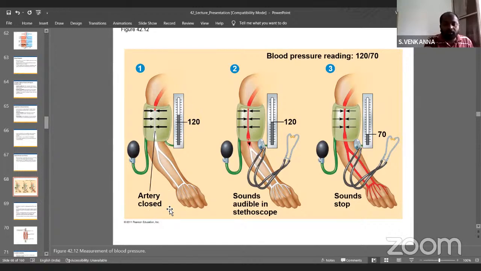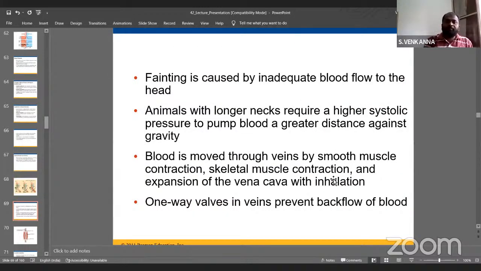The artery is closed, and the sound is audible in the stethoscope. The stethoscope here, and the sound stops. So this is how to calculate blood pressure, images. Fainting is caused by inadequate blood flow to the head, and animals with longer necks require higher systolic pressure to pump blood a greater distance against gravity.